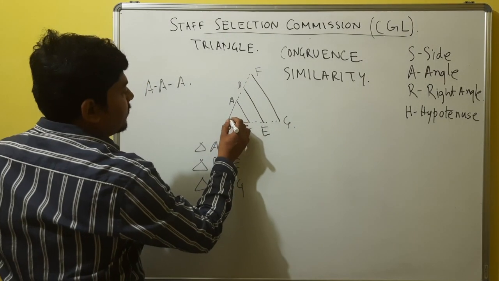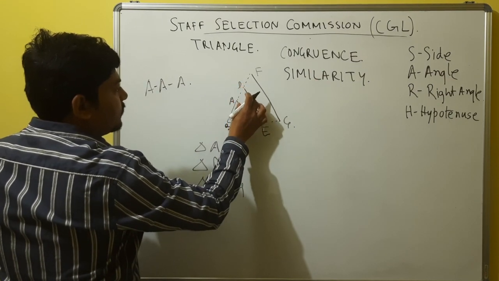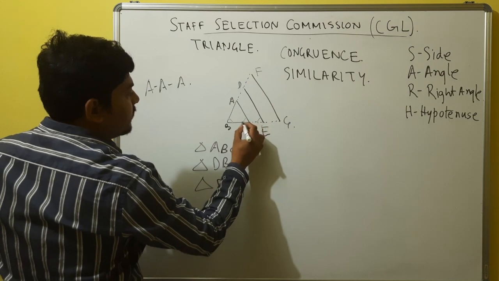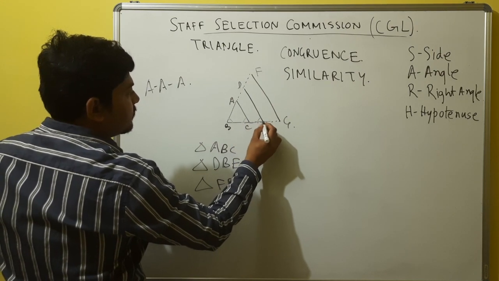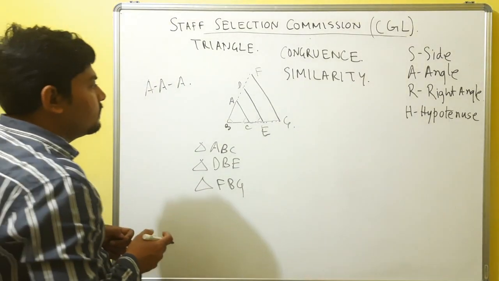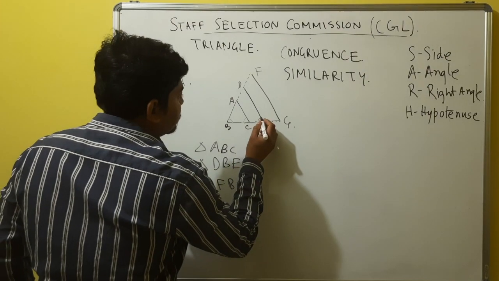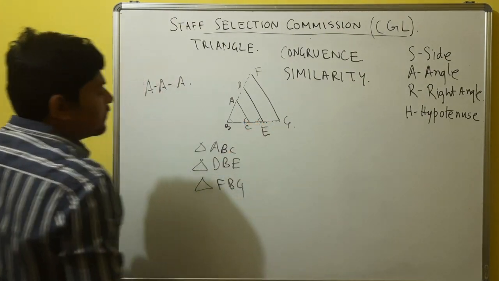If you see, this angle is the same for all three. This angle and this angle are the same because these two lines are parallel and this line has cut these two parallel lines. So these two angles are going to be the same.